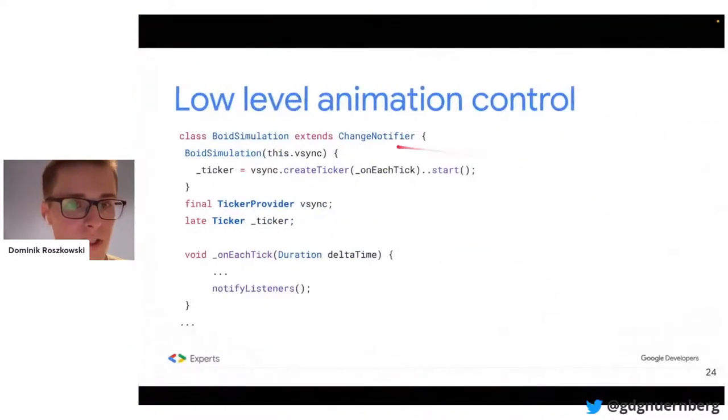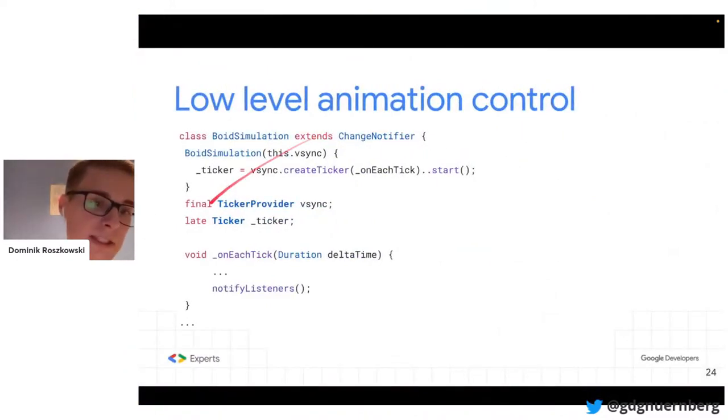So what I've done is that I used change notifier, and change notifier has this nice ability to call notify listeners, and then any listener, for instance, animated builder that listens to this class will be notified that, hey, you need to rebuild yourself. And you remember that in the case of animation controller, we were passing the vsync.